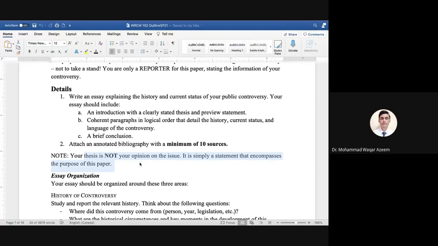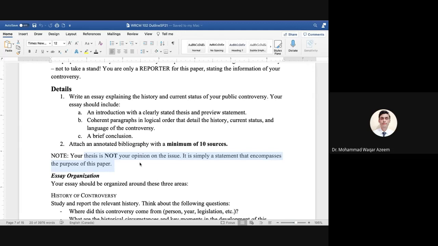For example, do not say in the thesis that the 18th Amendment promises more provincial autonomy to the provinces in Pakistan. This kind of statement that I just told you is an opinion about the 18th Amendment. This cannot be the thesis of your controversy analysis paper.